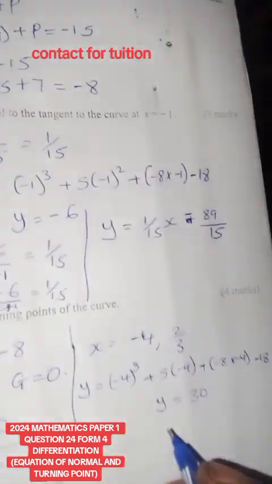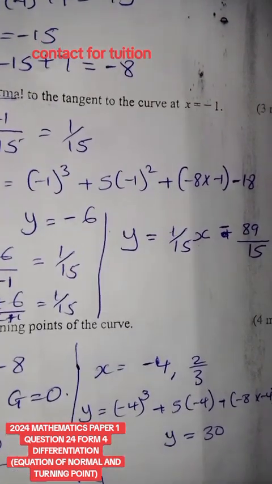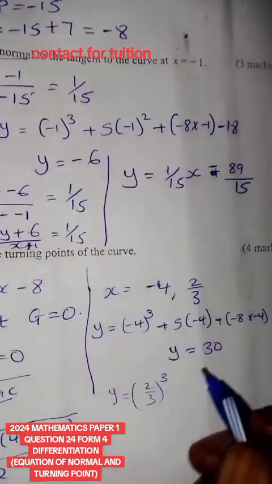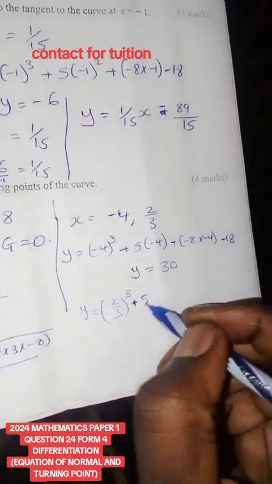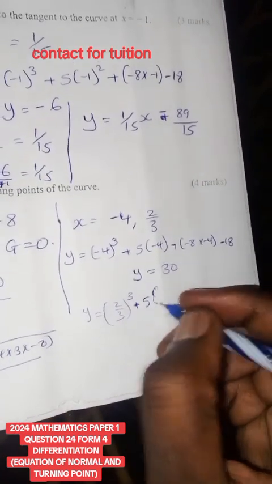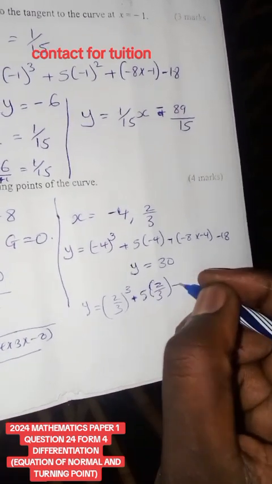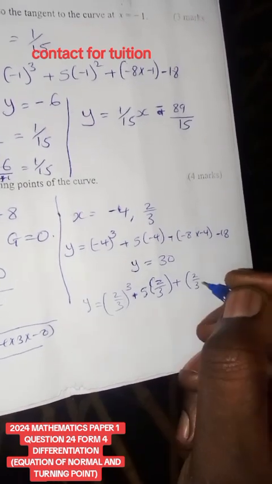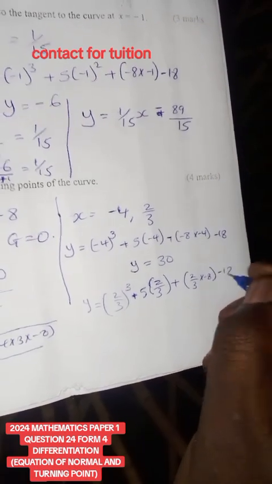Then we can use the other value too, so that we have the two turning points. So that y is equal to 2 over 3 cubed plus 5 times 2 over 3 squared, plus 2 over 3 times negative 8, minus 18.